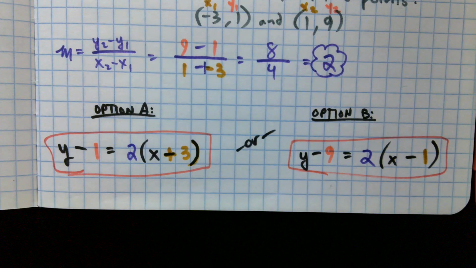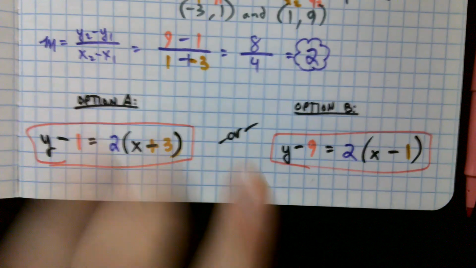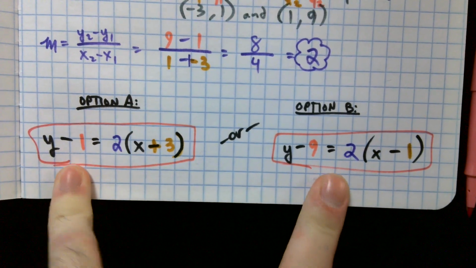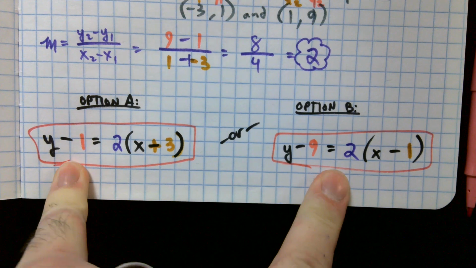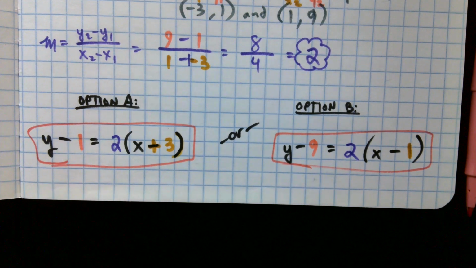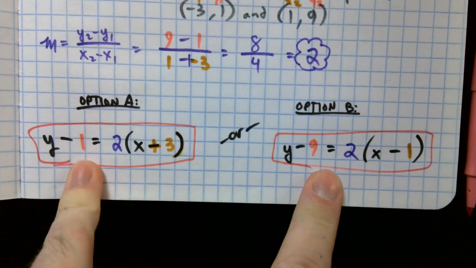For this problem, but for this line that we're talking about, how many possible answers do I have? 2? For this line right here that goes through these 2 points, how many different ways could I write this equation in point-slope form? Infinite. Thank you. We said earlier there's an infinite number of points on any line, right?